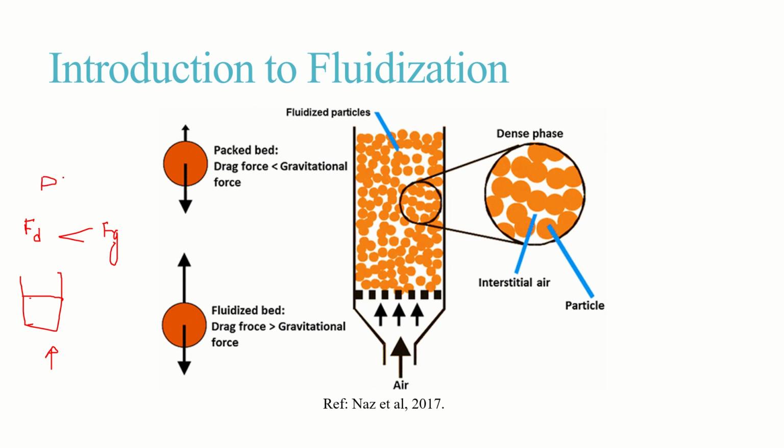But once we pass the fluid at a very high velocity, we have a condition known as minimum fluidization velocity. All these would be studied in the flow of the course. So at minimum fluidization velocity, as we keep on increasing the velocity, there is a point when the drag on the particles is balanced by the gravitational force. So the particles remain suspended in the fluid.